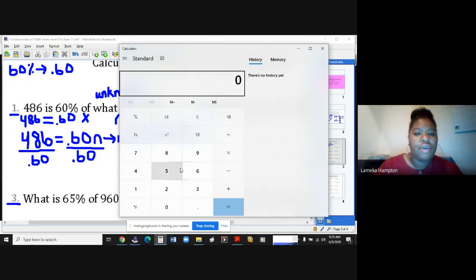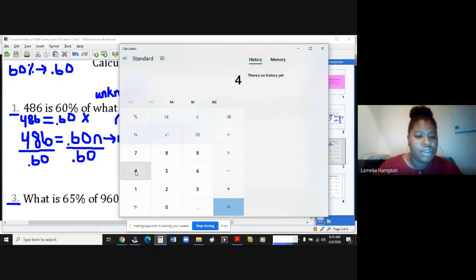Okay, so now what I'm going to do, I am simply going to type in this particular problem. I'm going to say 486, and I'm going to divide that by 0.60. Now, it's okay if you have that 0 out in front. That's going to happen with most calculators, so that's normal.